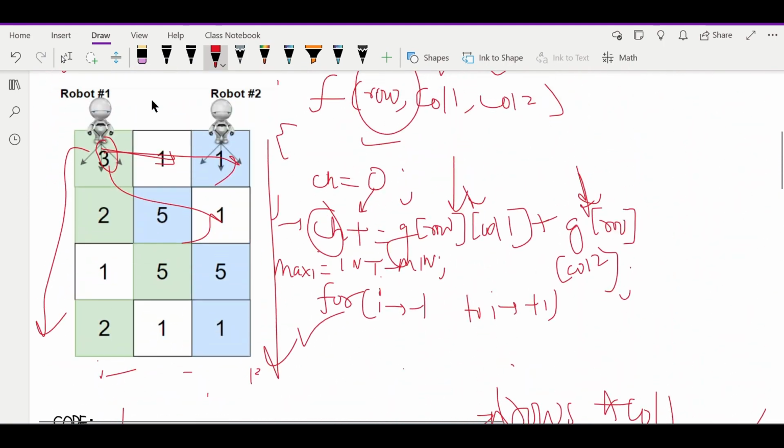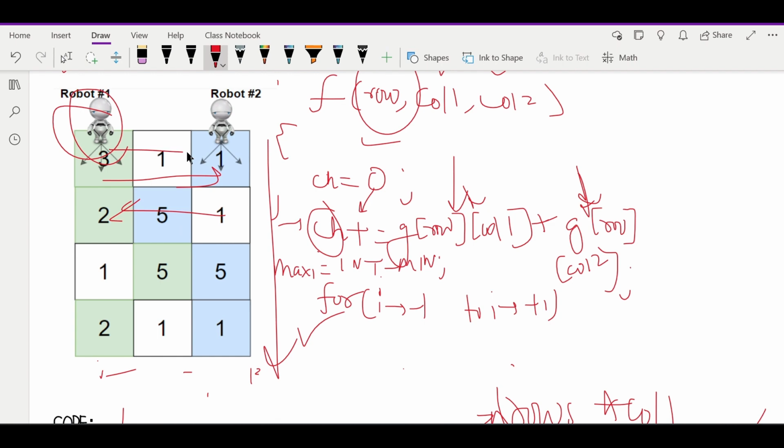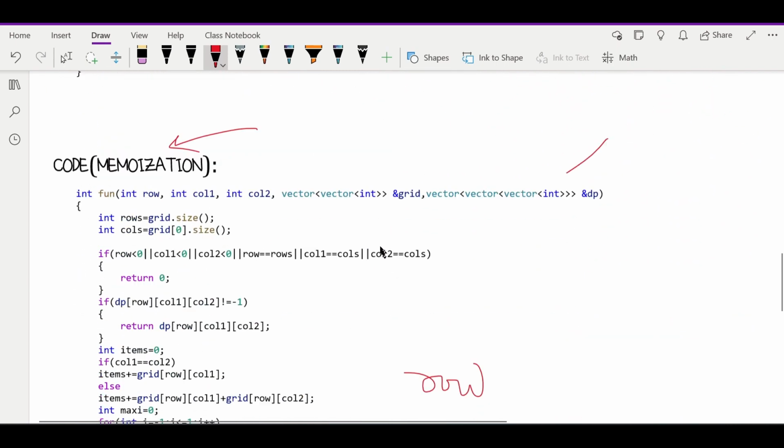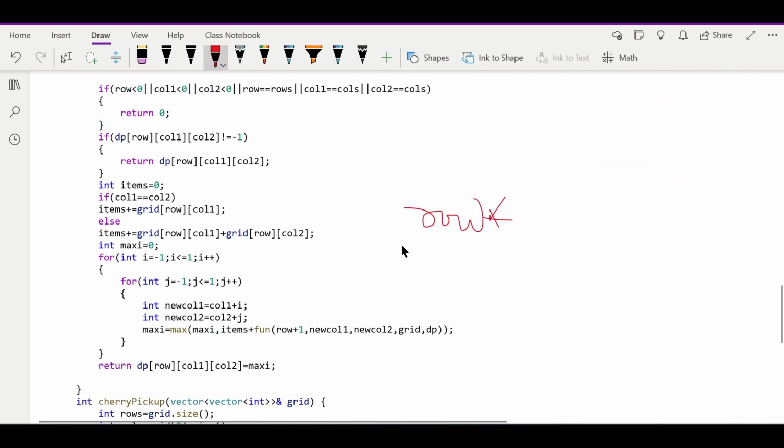And what can happen in the worst case? In the worst case, both of the robots would travel to all the columns. These three columns for both the robots. This robot also goes through these three columns, and this robot goes through these three columns at least once. If both the robots are moving downwards, row would always be changed only once.